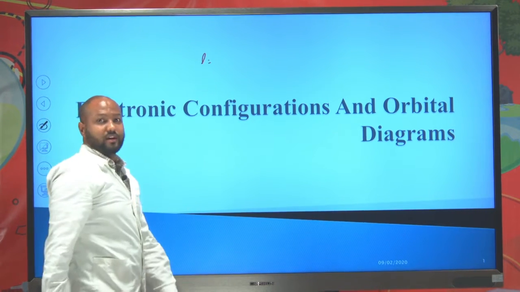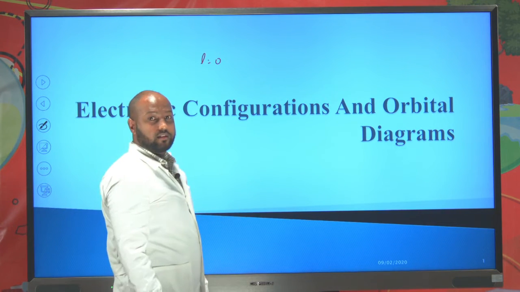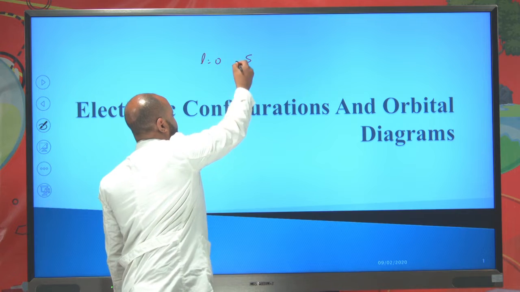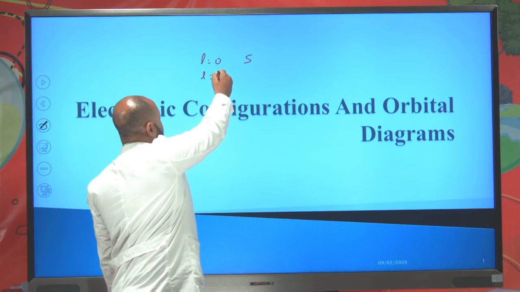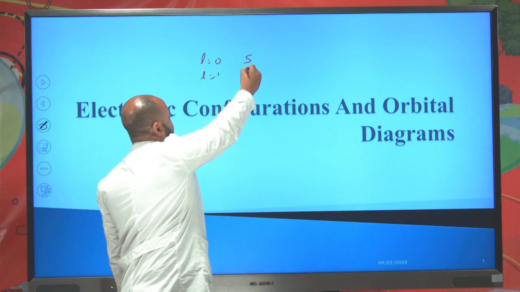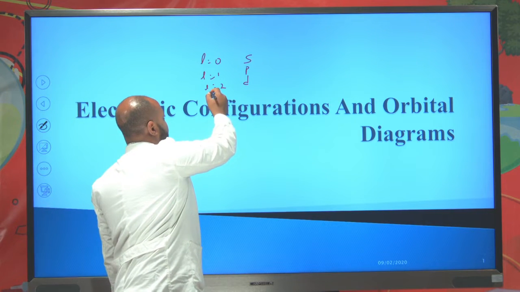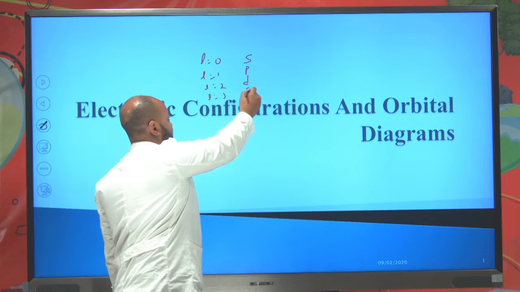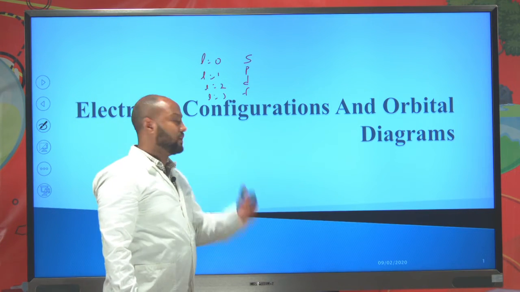L value 0 tells us S orbital. L value 1 is P orbital. L value 2 is D, and L value 3 means F orbital, and so on. If it is 4, G, and it continues.